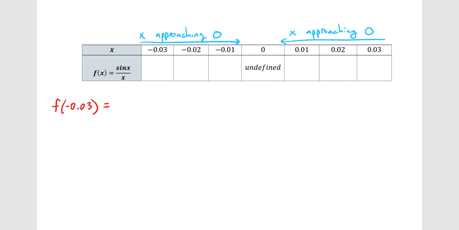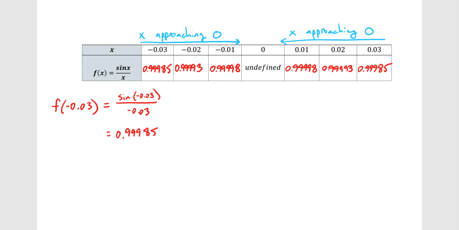That's going to be sine of negative 0.03 over negative 0.03. That gives us a value of 0.99985. So I'm going to plop that in right here, and behind the scenes I'll fill in all these other ones.